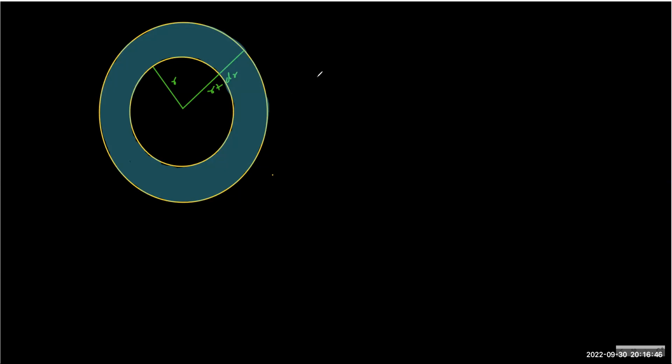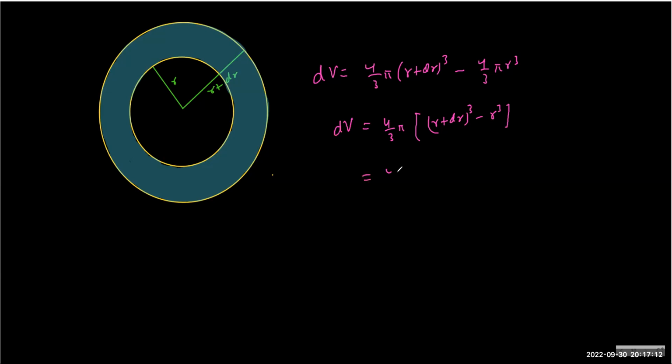The basic way of writing volume is you write the bigger volume, which is 4 by 3 pi r cube, minus the small volume, right? This is how we do it in high school, to find the volume between the two surfaces. So this is 4 by 3 pi common, and this is a cube minus b cube. Tell me guys, what is the formula of a cube minus b cube?